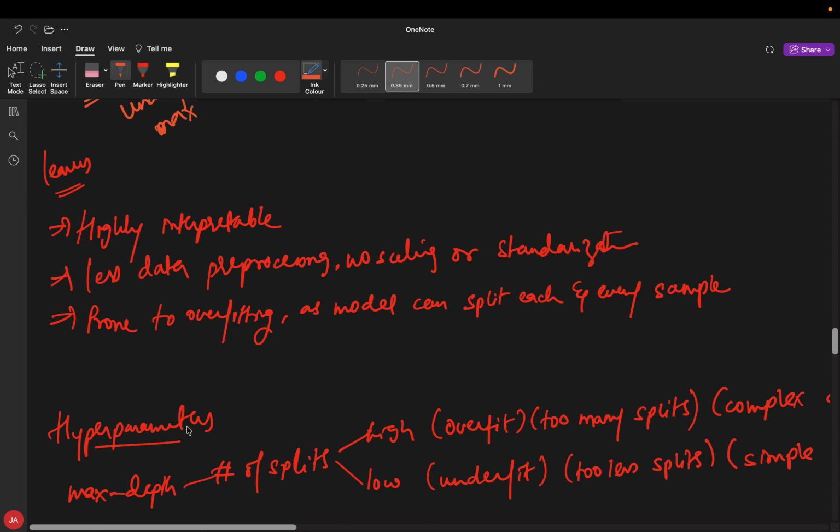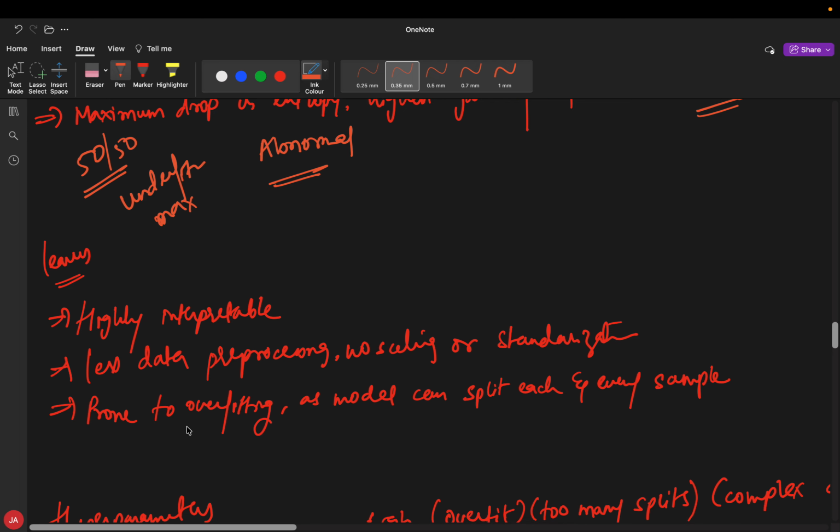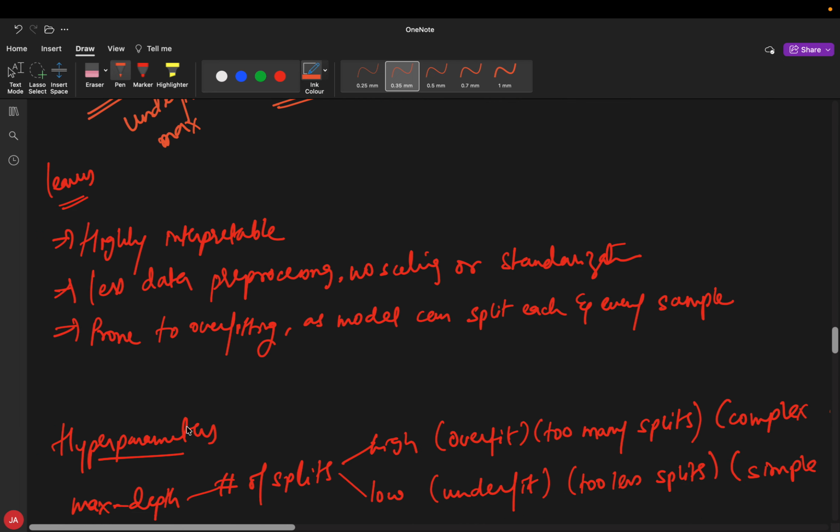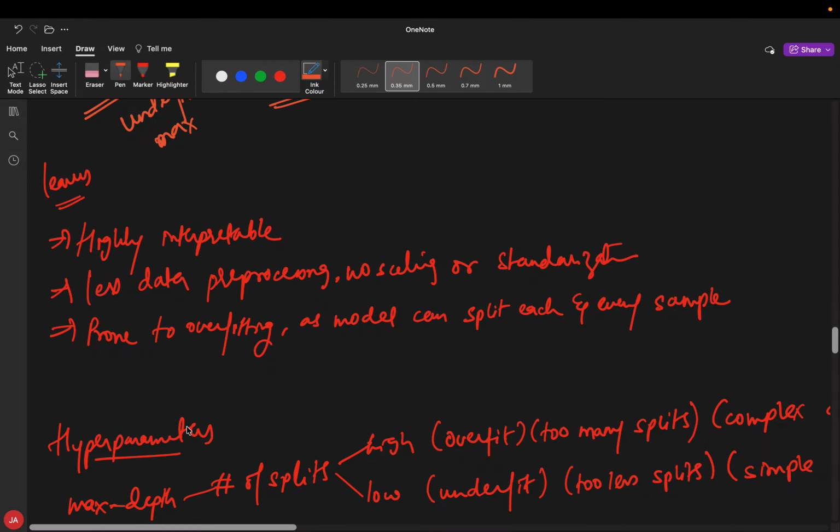So what are the limitations of this tree, or what are the patterns that a decision tree has? Let's say decision trees are highly interpretable, just like linear regression. The weights can be interpreted, or the path to a decision can be interpreted very easily.